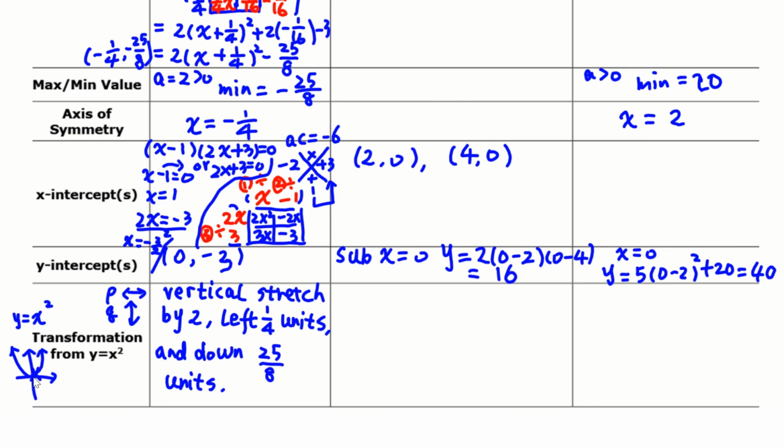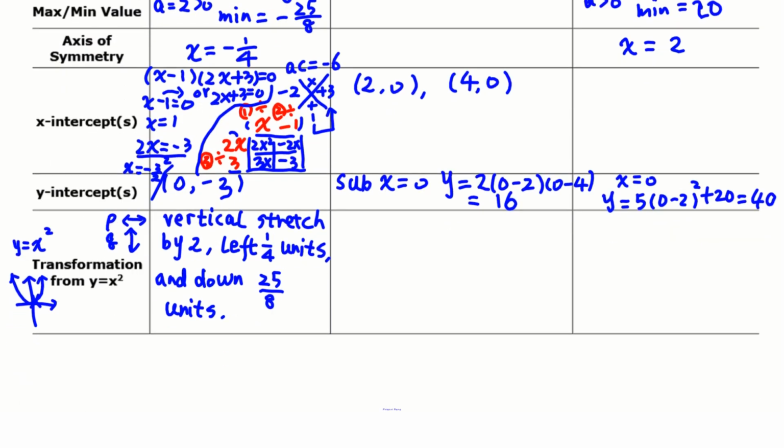The vertex at 0, 0 moves to negative 1 over 4, negative 25/8. It means it is left a quarter, down 25/8. So this is the point negative 1 over 4, negative 25/8.